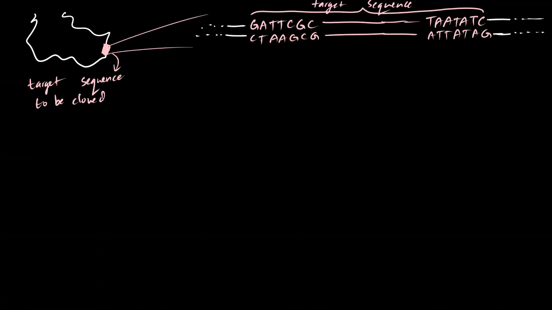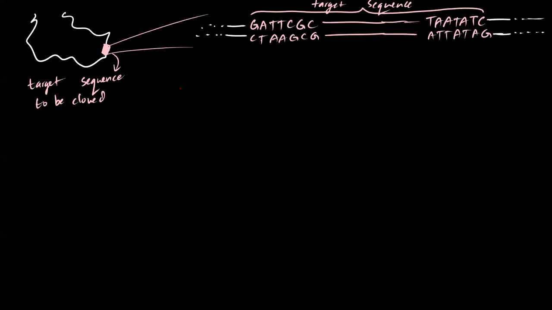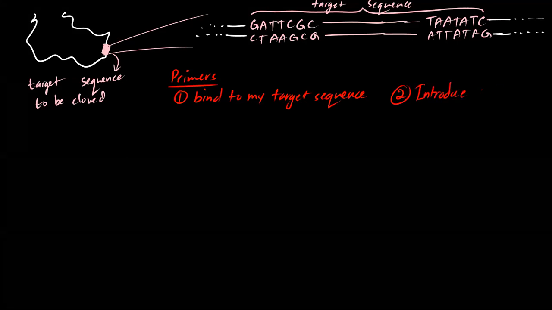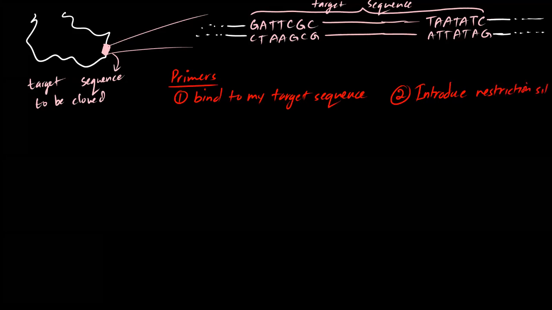So the primers I'm going to use must do two functions. First, they must bind to my target sequence. Also, I want these primers to introduce restriction sites on both ends.